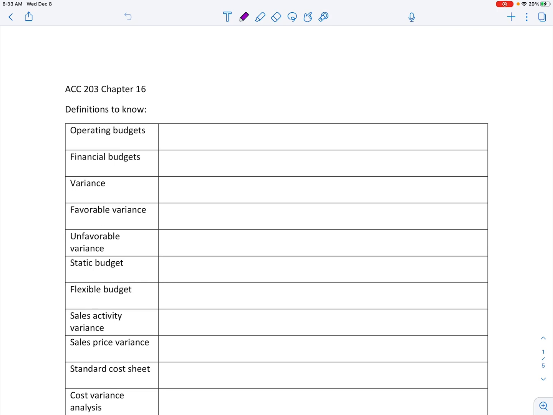I want to make sure when you're looking at the variances, a favorable variance means what happened was good. Too many times students try to associate a negative or a positive number to the favorable and unfavorable variances.